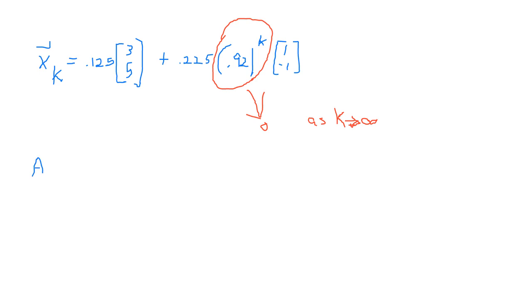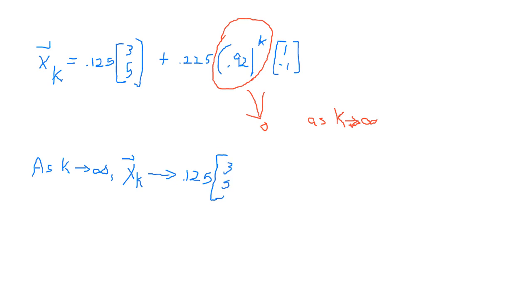So that means as k approaches infinity, the distribution of people living in the city and in the suburbs is going to approach in the limit 0.125 times the vector 3, 5, times v1.